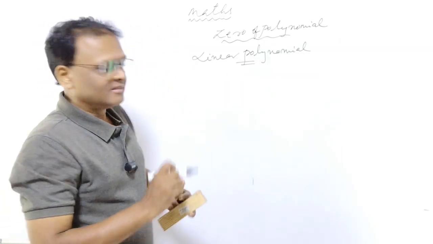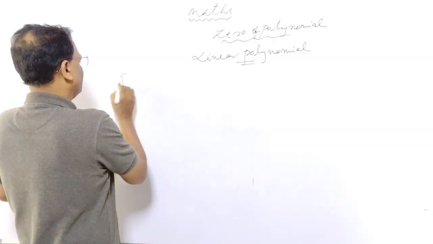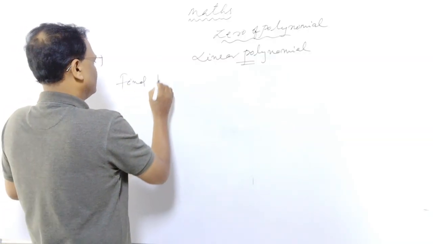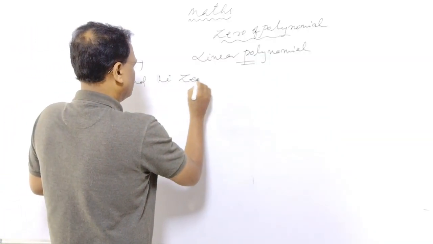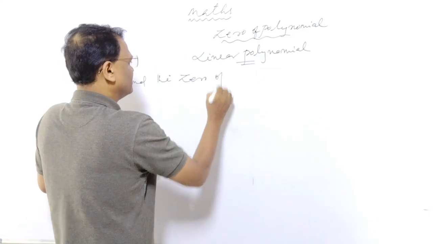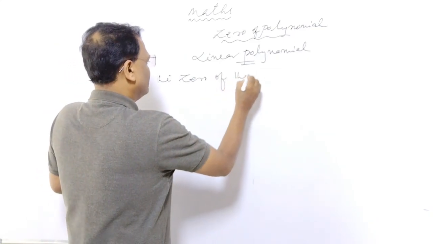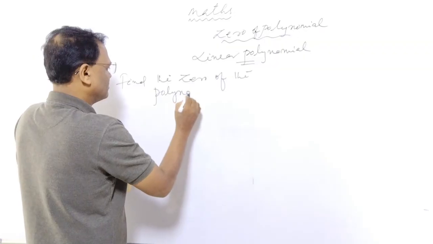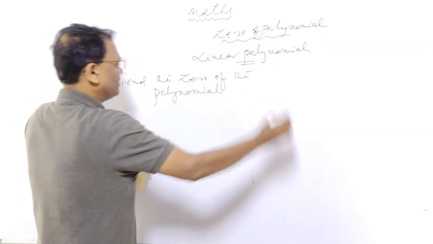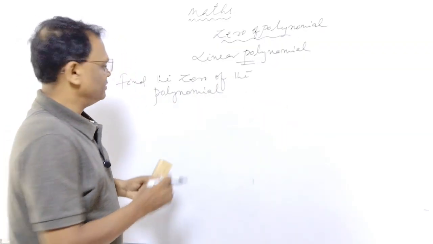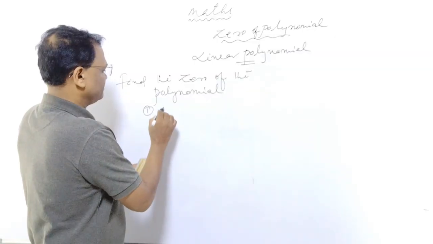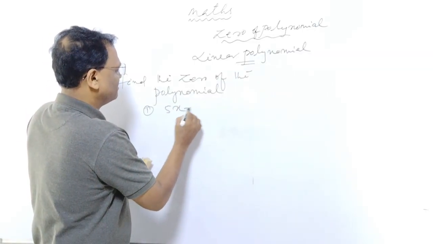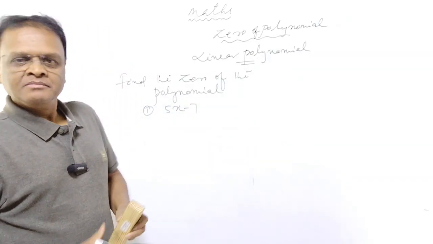Question is find the 0 of the polynomial. Let me take first 5x minus 7.